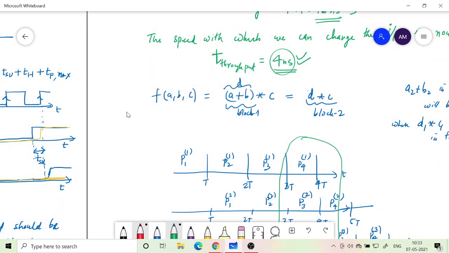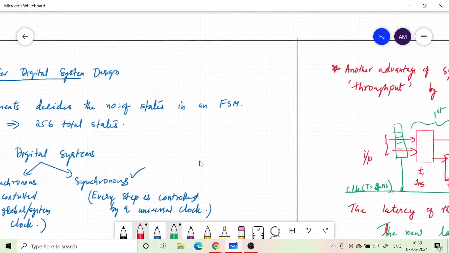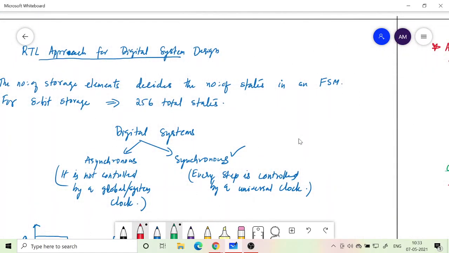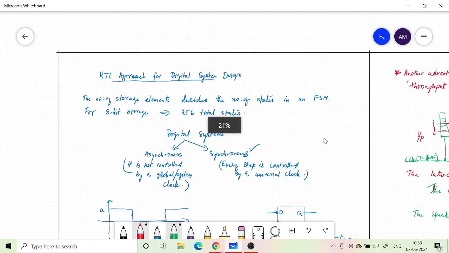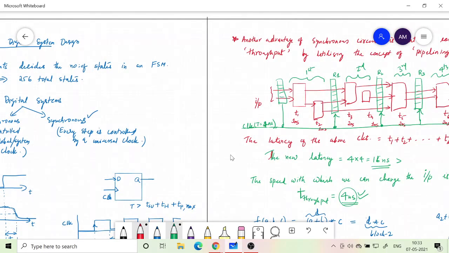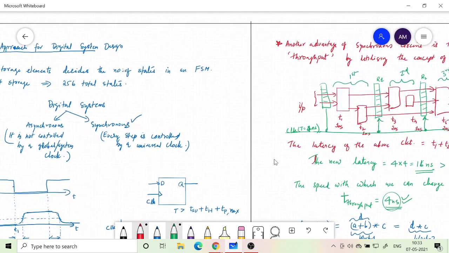With respect to the RTL approach, I essentially did only one thing: the usage of registers to improve the speed or the throughput of data processing in the digital circuit.